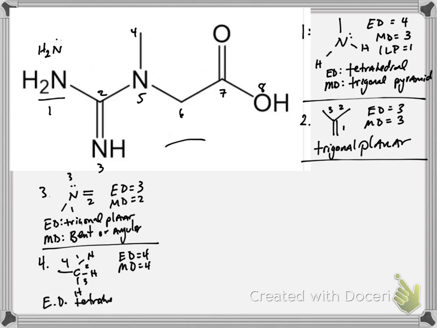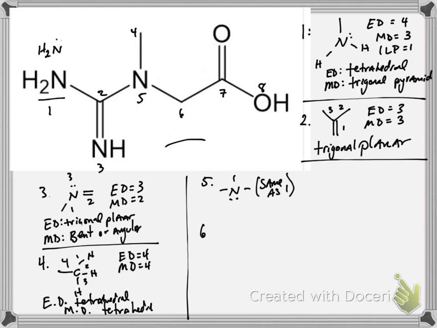So it's tetrahedral electronically, tetrahedral molecular geometry. 5 is nitrogen with 3 bonds, which makes it the same as 1. 6 is a carbon atom, and we're showing 2 bonds, 1 to nitrogen, 1 to another carbon atom, items 5 and 7. And we have to provide the 2 hydrogens. So this is the same as for tetrahedral.